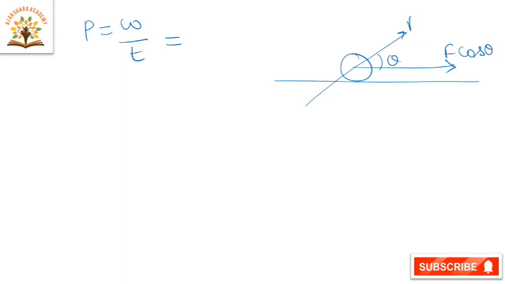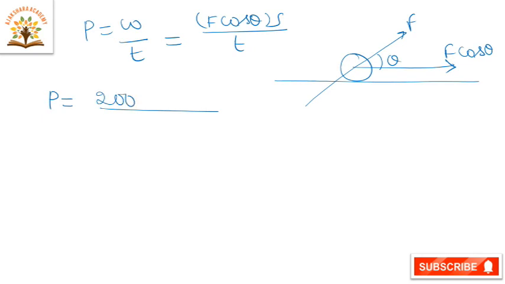So now W is equal to F cos theta into s, divided by t. Substituting values, P is equal to 200 into cos 60 degrees into 10 by t, nothing but 60 seconds.